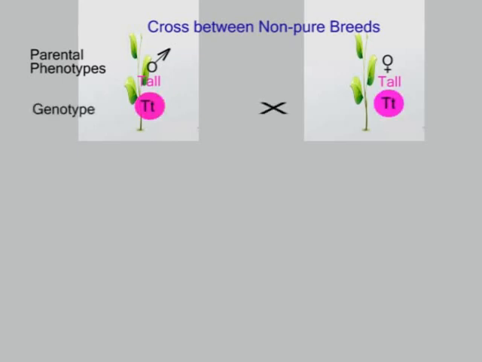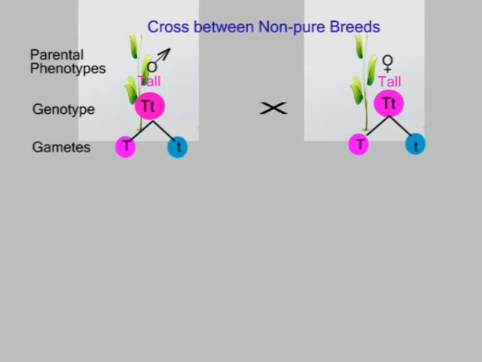Parental genotype, both the male and female have the tall capital T and small t in their genotype. During gametogenesis, these segregate into gametes. So the gametes, one is capital and the other is small, and it is the same case for the female.